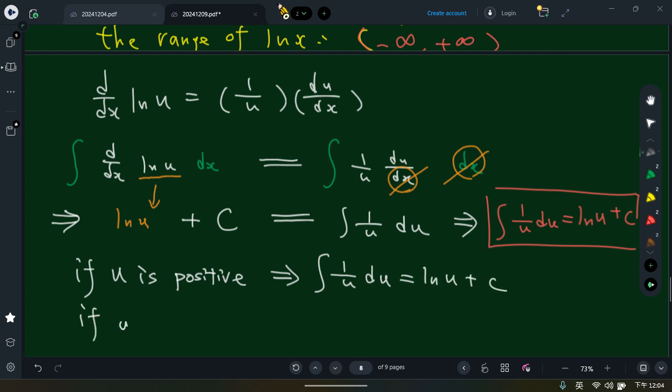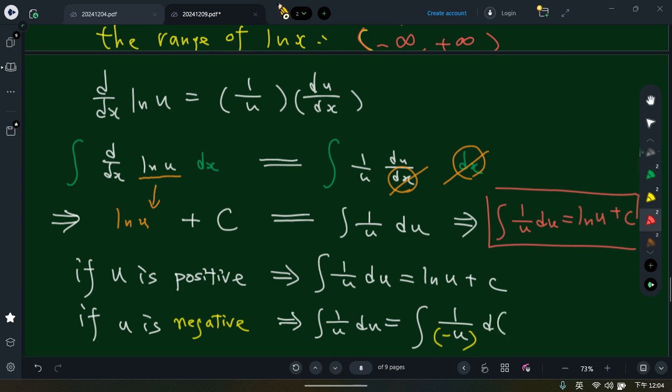But if u is negative, when we calculate this one, since u is negative, we can add in a negative here, but also d negative u here. Actually, they are the same, right?